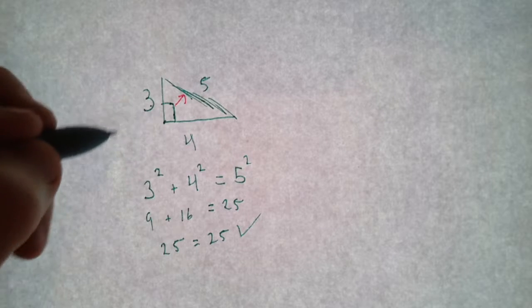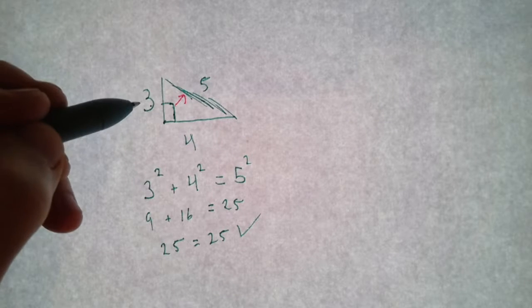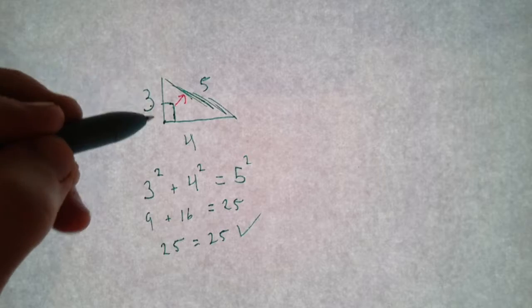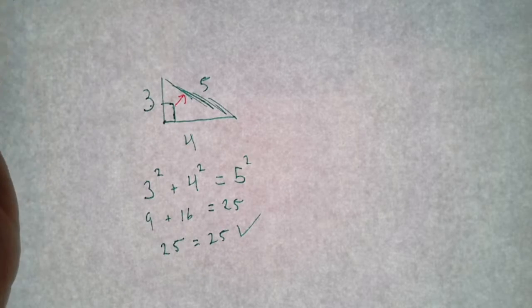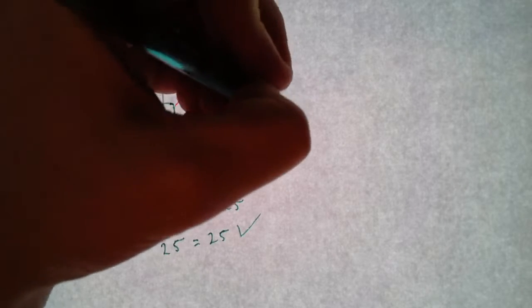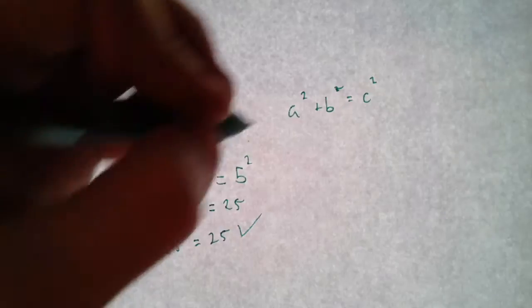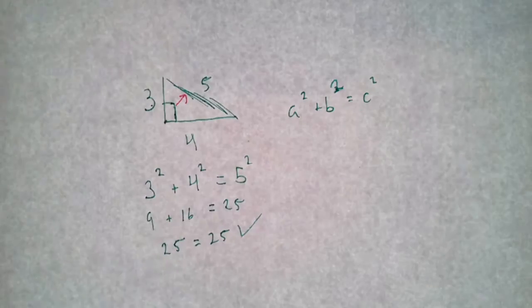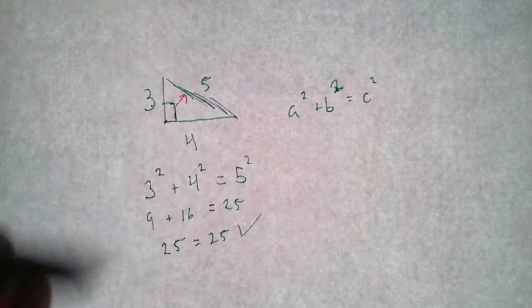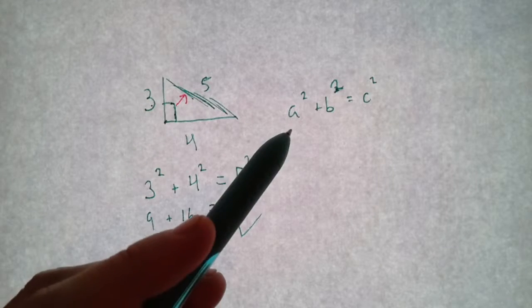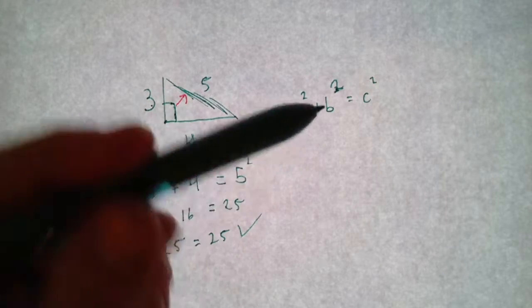A more general way of saying the Pythagorean theorem is, I guess it's pretty much saying that, but we use the notation a squared plus b squared equals c squared, where c is the length of my hypotenuse side and a and b are the length of the legs.